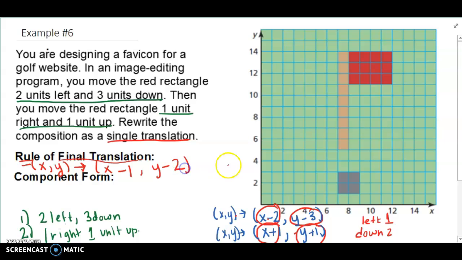So that'd be y minus 2. So that would be my final rule. If I wanted to write that in component form, so component form signifies that you're translating it using a vector. If I want to write this in component form, remember these square-ish brackets, pointy, whatever you want to call them, it would just be -1, comma, -2.